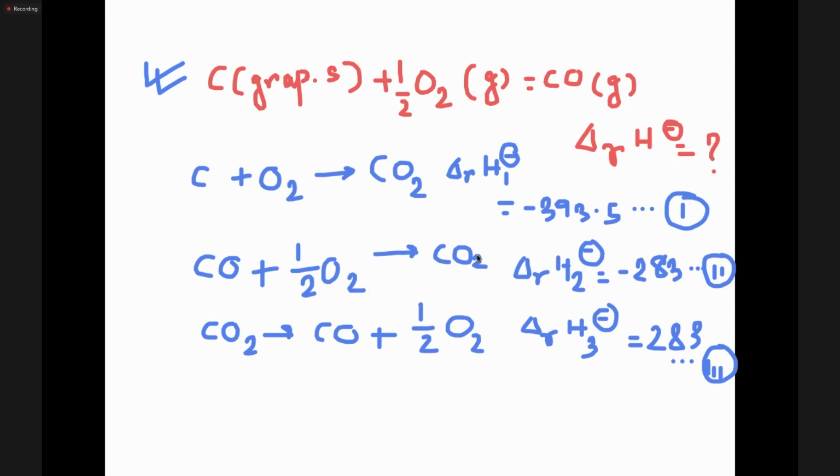And if we see that we have oxygen over here, 1 mole, and we have half mole of oxygen on the right hand side. So here, if this half oxygen comes to the left hand side, we will get only half of oxygen. So let's add equation 1 and 3.